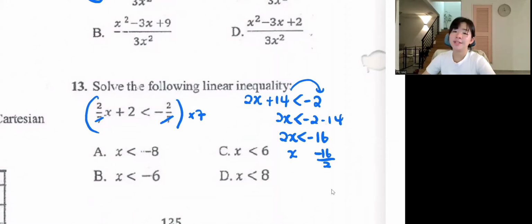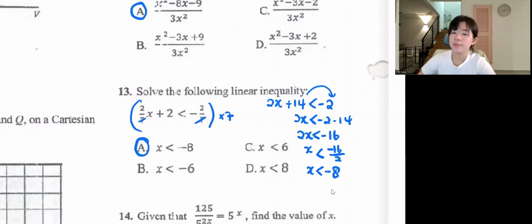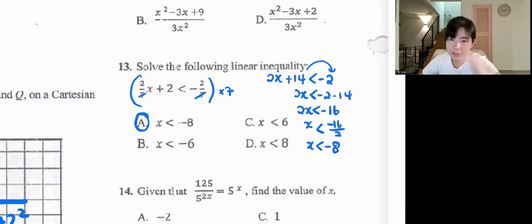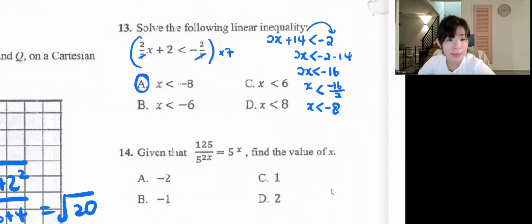No need, because the 2 is positive. Unless you divide by negative 2 or you times with negative 2. So still keep it. Remain x less than negative 8. Answer A. Exam definitely comes out with all this topic for paper 1, definitely.